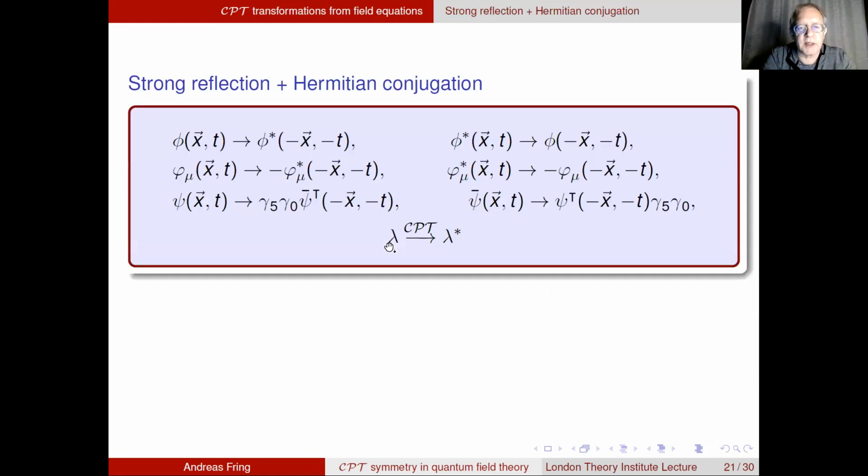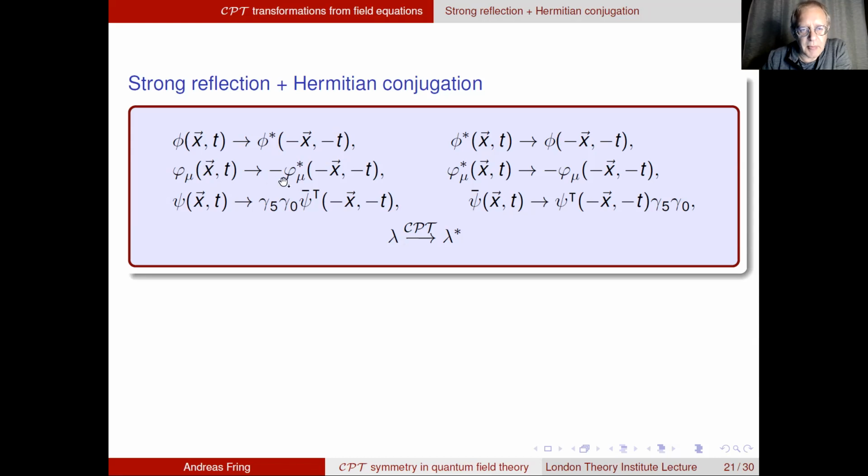And if we summarize this now together, we combine these transformations, strong reflection and Hermitian conjugation, then this is what we get. A spin 0 field is just replaced by its conjugate with reversed arguments x and t, space and time go to their negative.